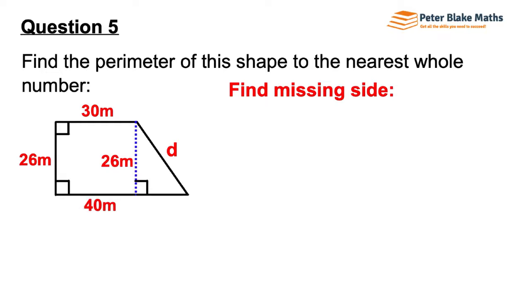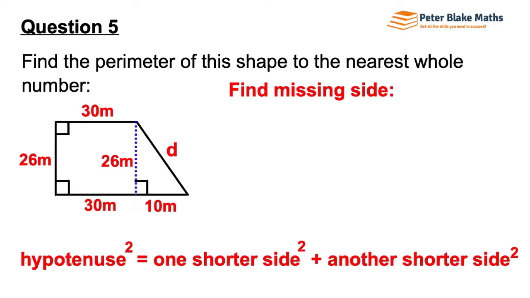So I'm going to break the 40 up into the 30 that's down from the top and the 10 that will be created on the base of the triangle. So we've been able to sort out a height and a base for the triangle we're working with here, and we'll use Pythagoras now to find out the distance d that was missing.